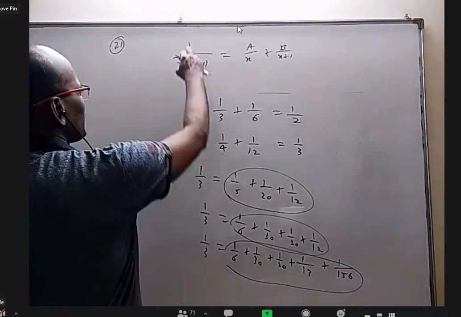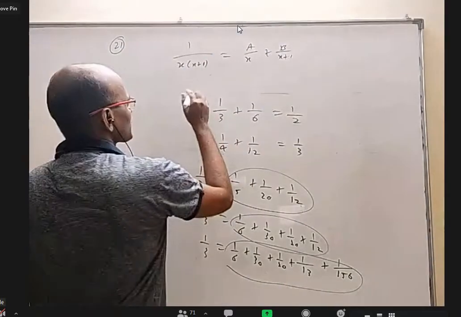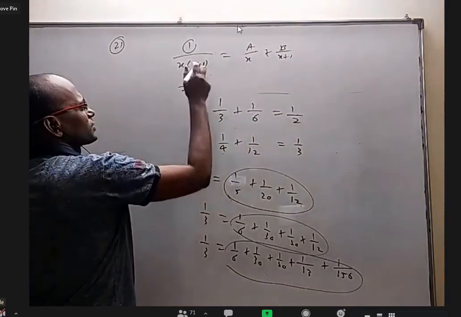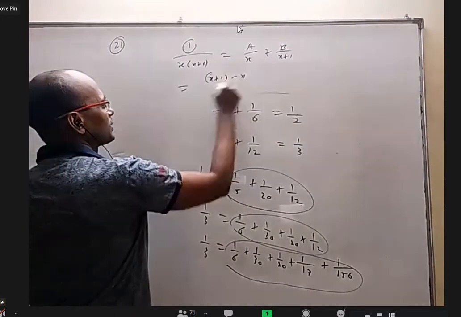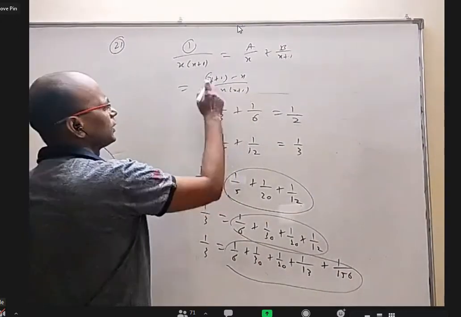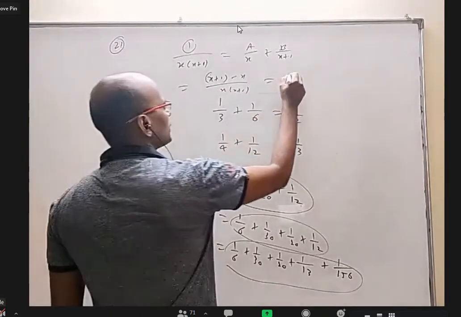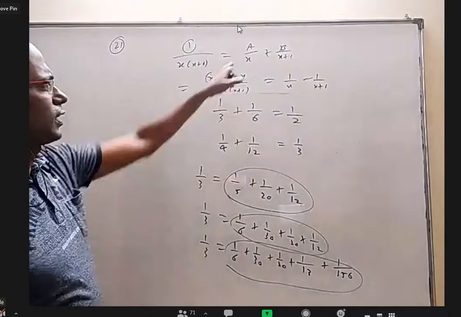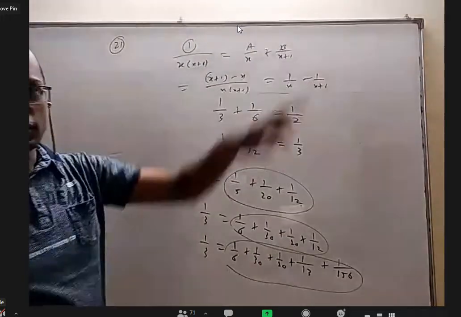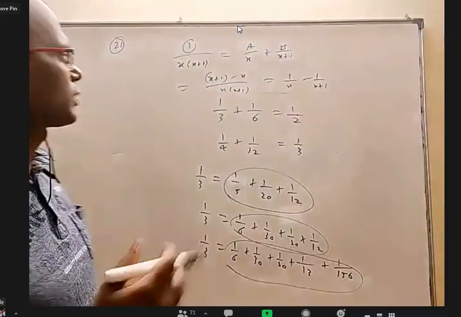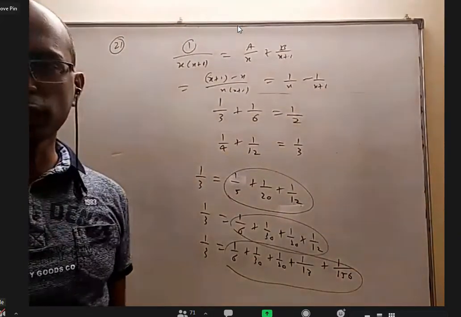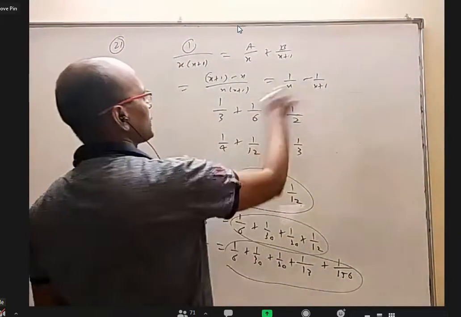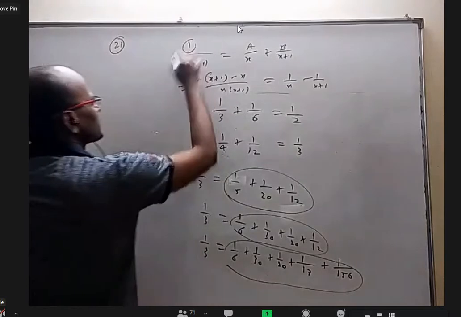In fact, you don't need heavy partial fractions here. You can write this as the difference of two things: x plus 1 minus x, by x into x plus 1. Take this by this separately and that by that separately, and we get 1 by x minus 1 by x plus 1. Or, using partial fractions, do cross multiplication, equate the numerators, compare the coefficients, or put x equal to 0 to get A and x equal to minus 1 to get B. So 1 by x into x plus 1 is this.